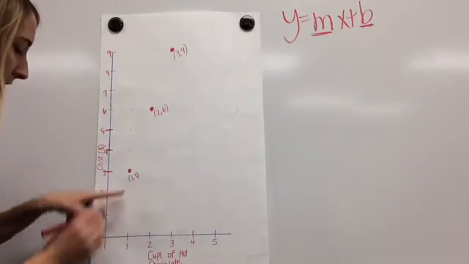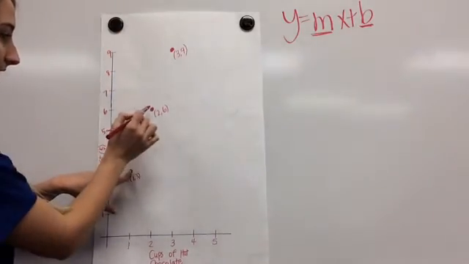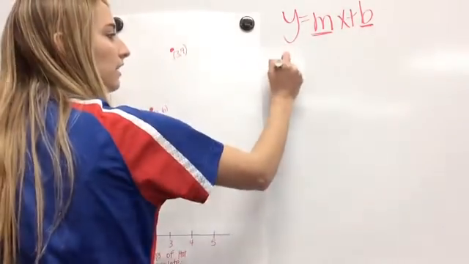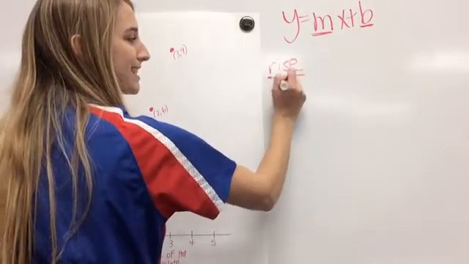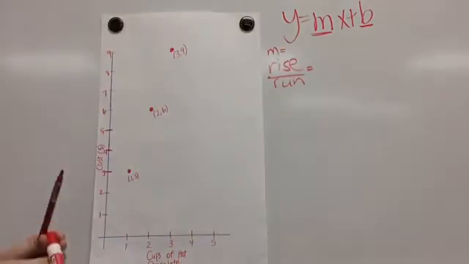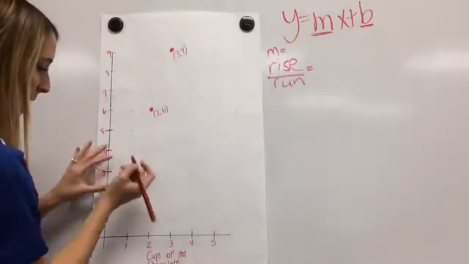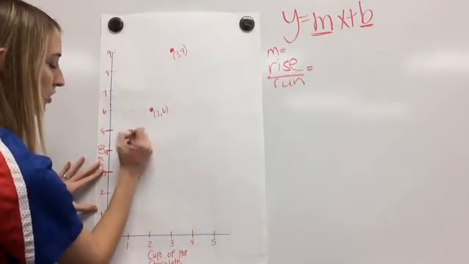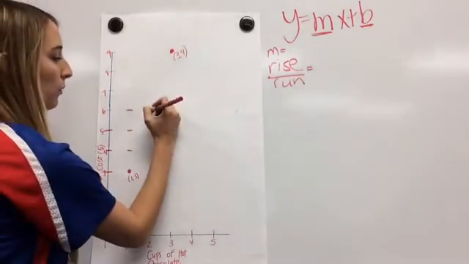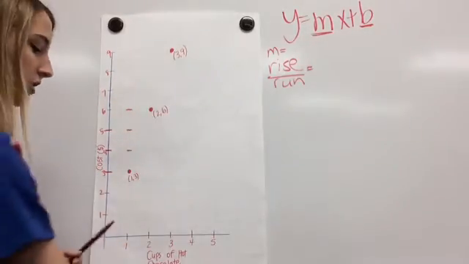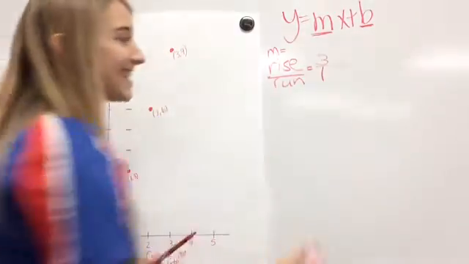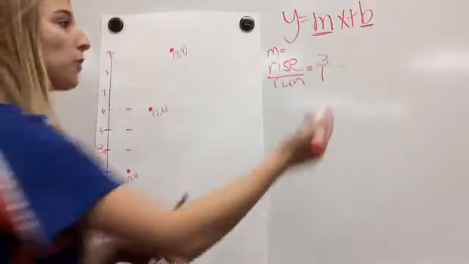If I start at this point and get to this point, to find the slope I'm going to use rise over run. My rise, I'm going up 1, 2, 3, and I'm going over 1 to be on top of this point. So my rise was 3 and my run was 1, which simplifies to 3 over 1.